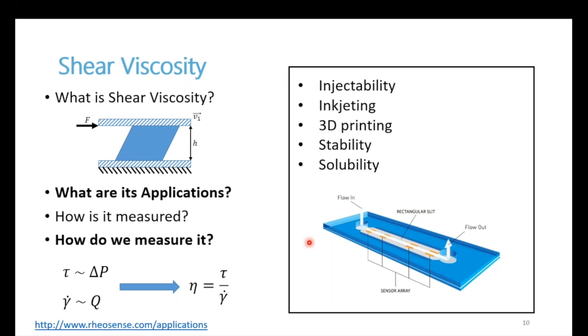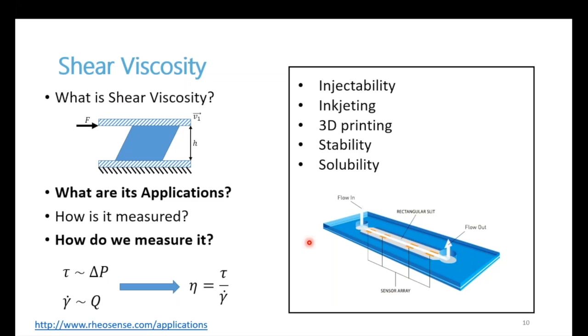So you will need to characterize the fluid that you're injecting at the shear rate that is relevant for that specific injection application. And that will allow you to calculate the force that you require to inject your sample or your formulation into the patient.